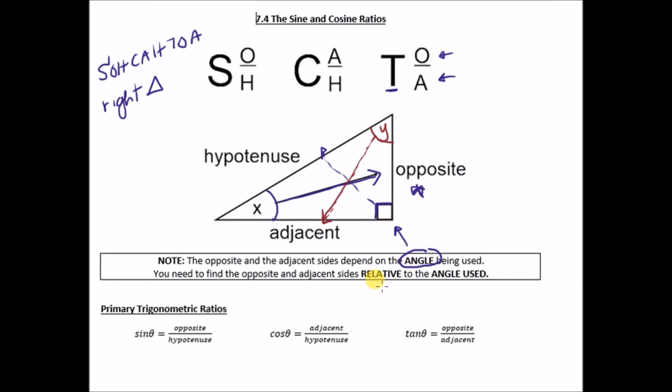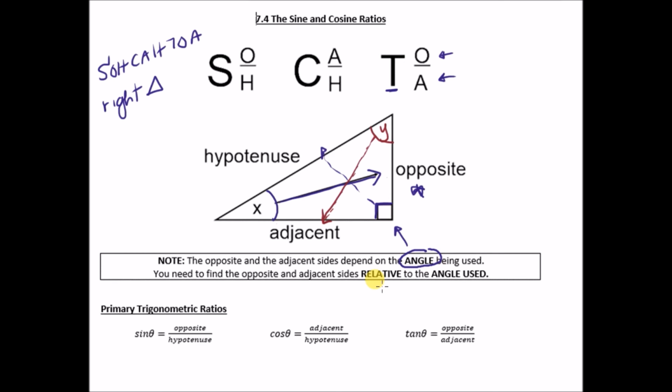So those two sides depend on the angle being used, whereas the hypotenuse is always going to be opposite the 90-degree angle. You need to find the opposite and adjacent sides relative to the angle used.